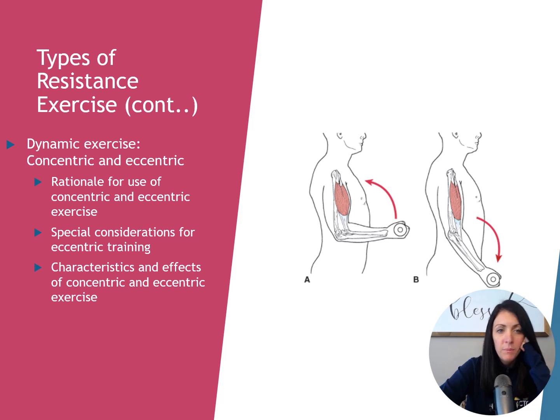Now, when it comes to specific training, eccentric training is more mode specific compared to concentric. Eccentric activity or exercise also appears to be more velocity specific compared to concentric. Now, with the cross-training effect of concentric and eccentric training, there is a slight increase in strength that occurs over time in the same muscle group of the contralateral unexercised extremities, but there's no evidence to support impact on functional abilities.